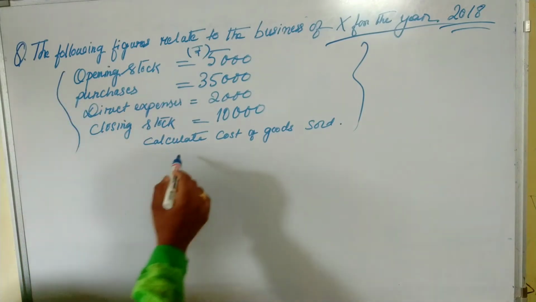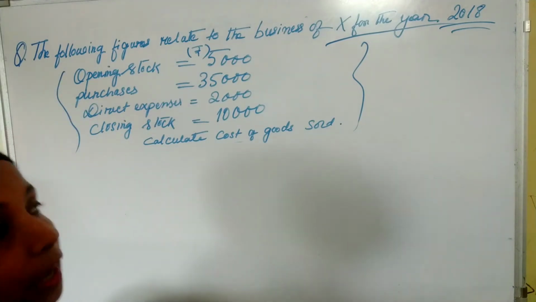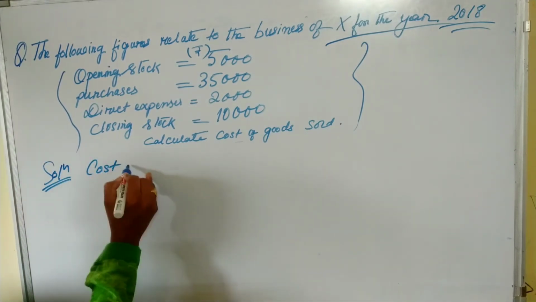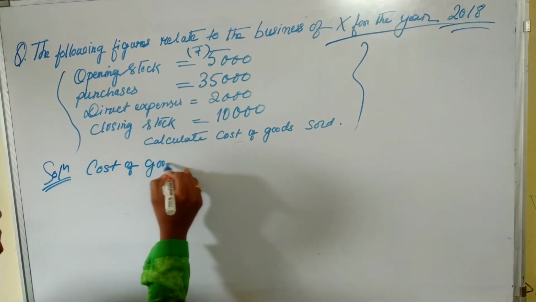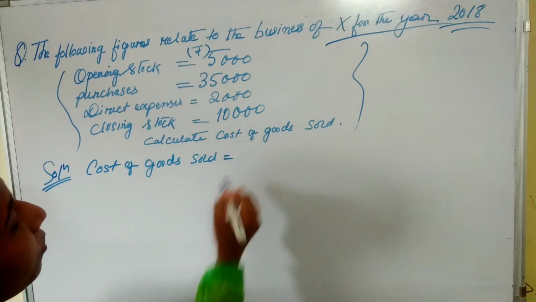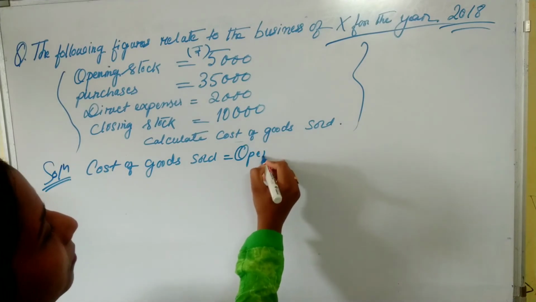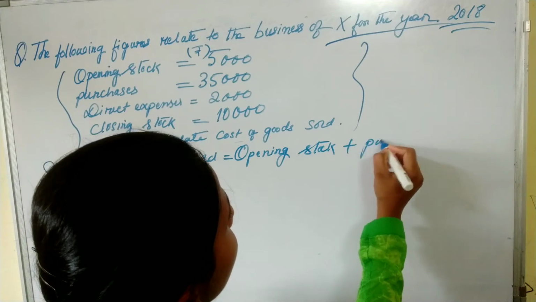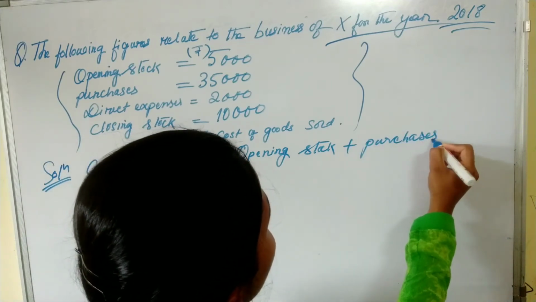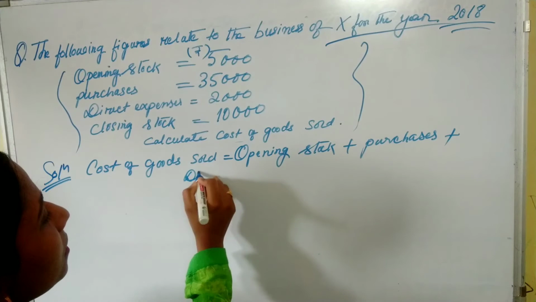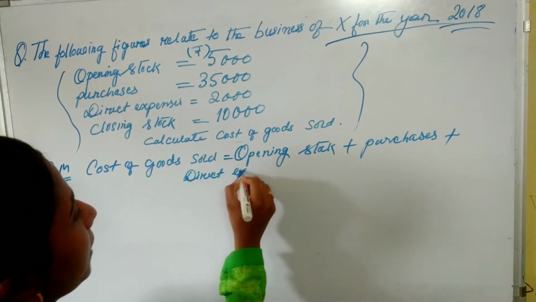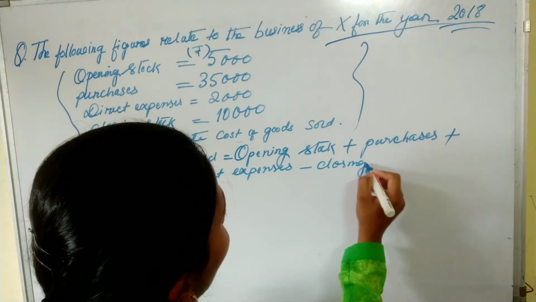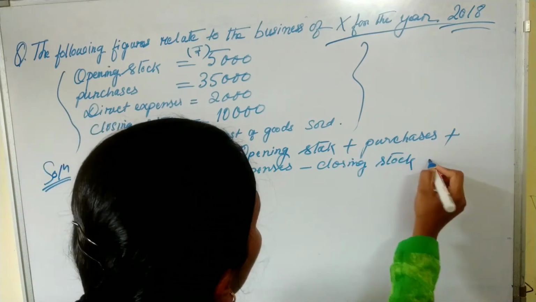Now we will calculate cost of goods sold. Let's write the formula. Cost of goods sold equals opening stock plus purchases plus direct expenses minus closing stock.